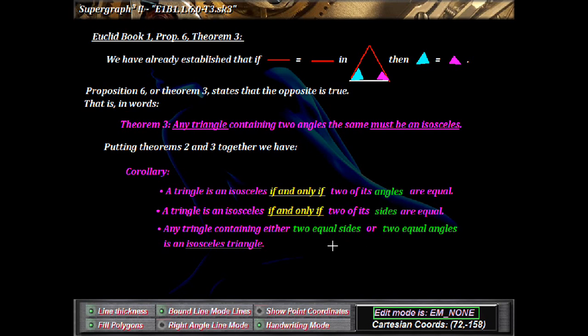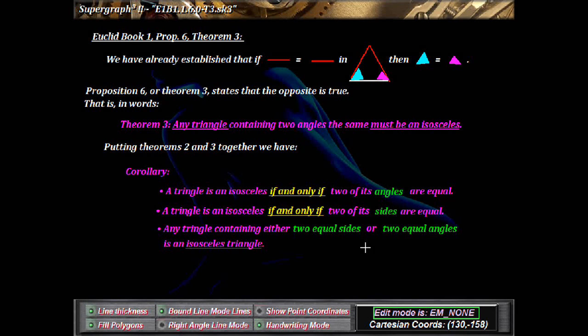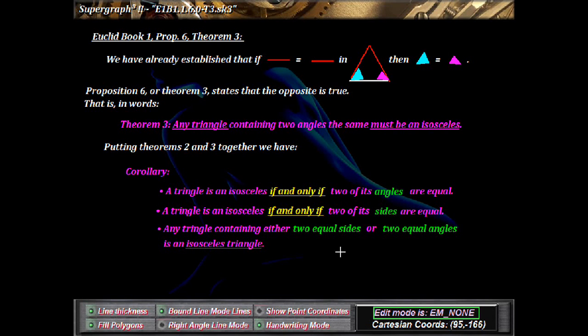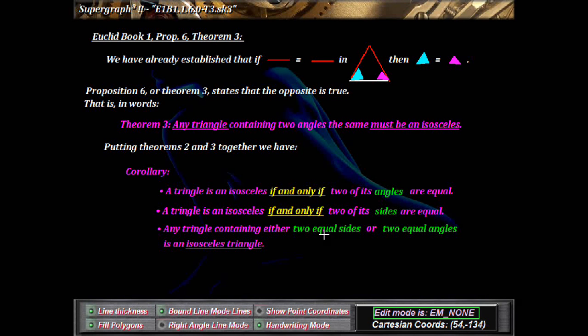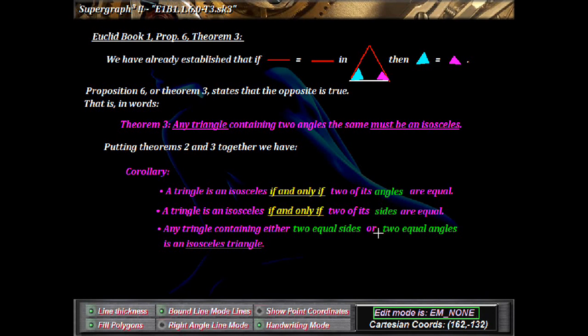right? To every acute angle, there is associated with it an isosceles triangle, because as long as two angles are the same in a triangle, then it must be an isosceles.